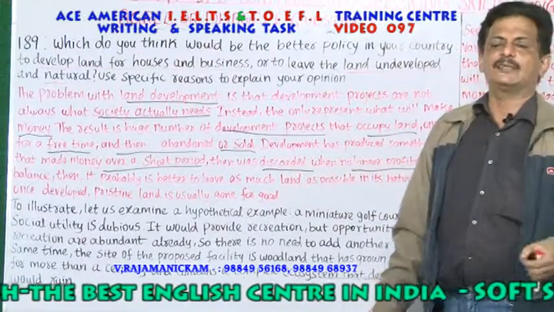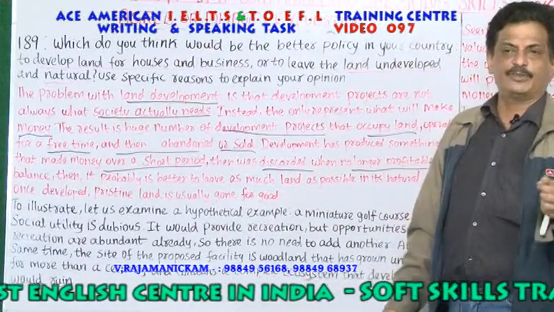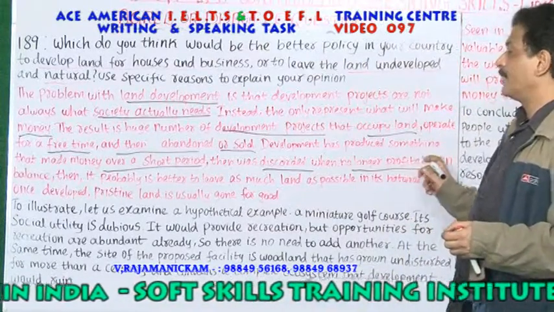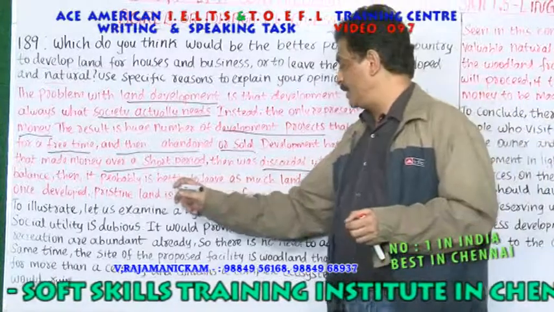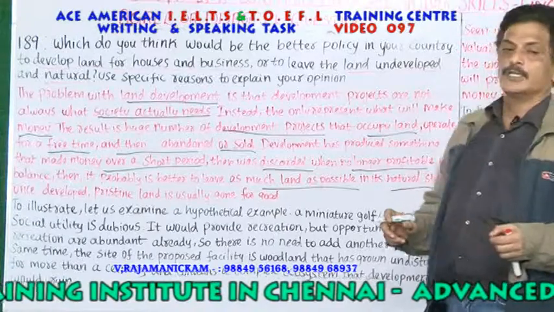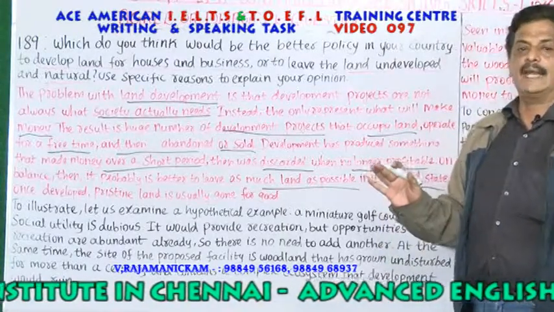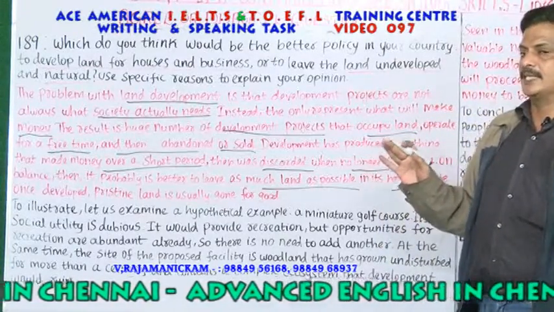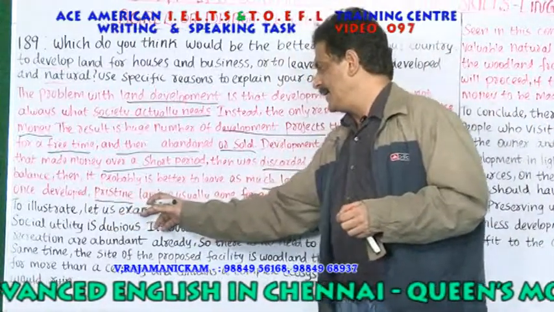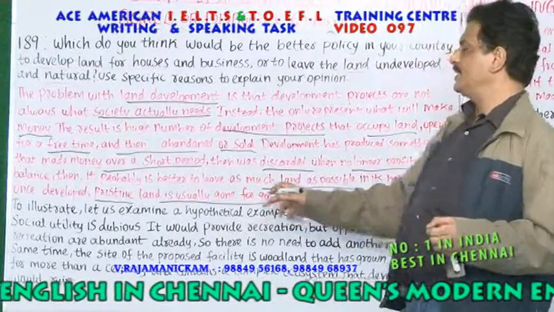So if through the land we get money, fine. If you don't get money, then it is abandoned. So on balance, it probably is better to leave as much land as possible in its natural state. So the writer says let the land be as it is, let us not disturb it. And once developed, pristine land is usually gone for good.